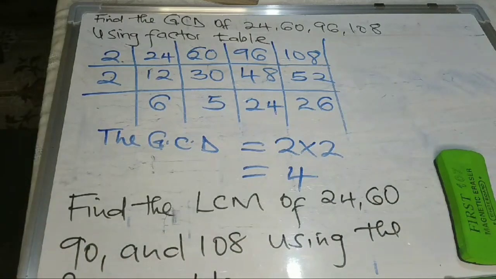We are going again to form a table similar to the one we had formed for the GCD.